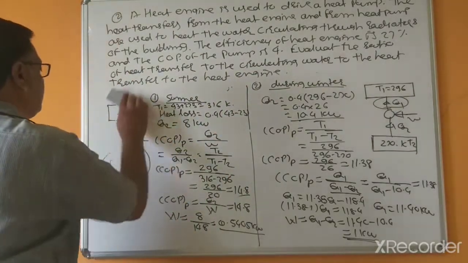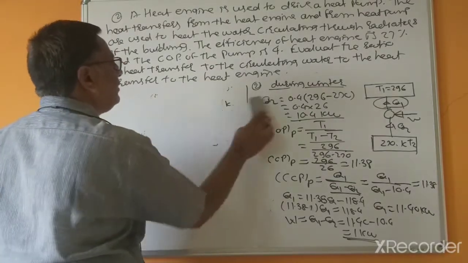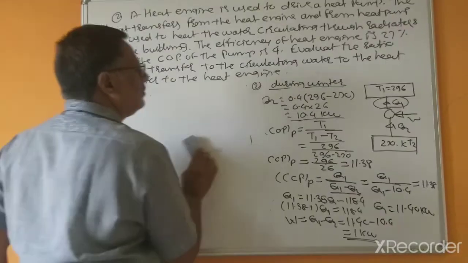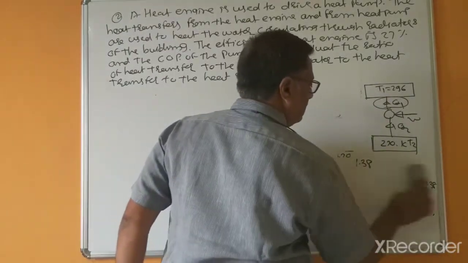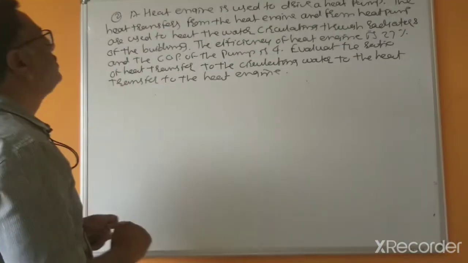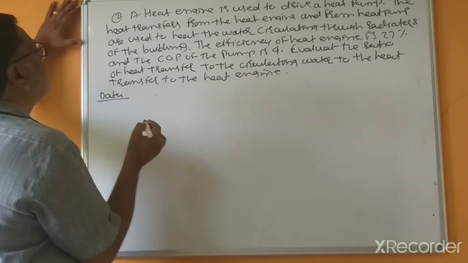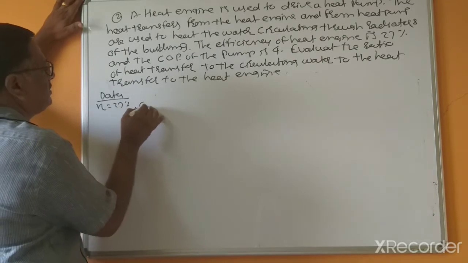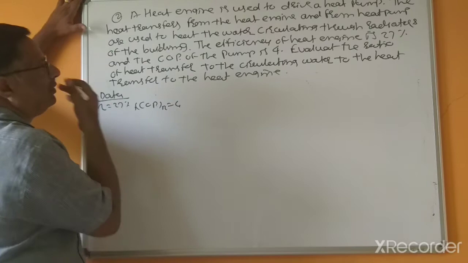So first try to extract what is given and what is to be calculated. In this case the data: 27% efficiency, COP 4 of the refrigerator or heat pump.